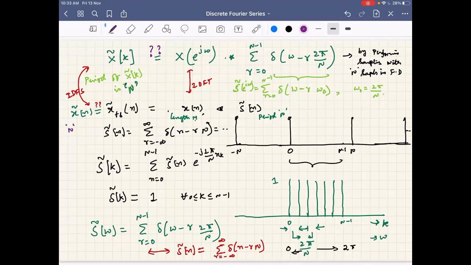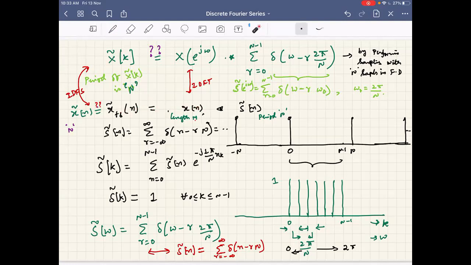This has come from x tilde of n with sample length N, sequence period N, and this might have come from x of n with length M. In such a case, will they be the same, or how do we extract x tilde of n, or one period of x tilde of n, from this? That was the question we posed. Please note that this is not an equality, but rather a question. Here is the question: are this and this equal or not?